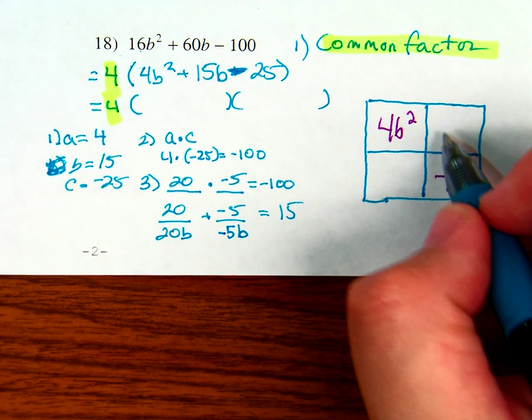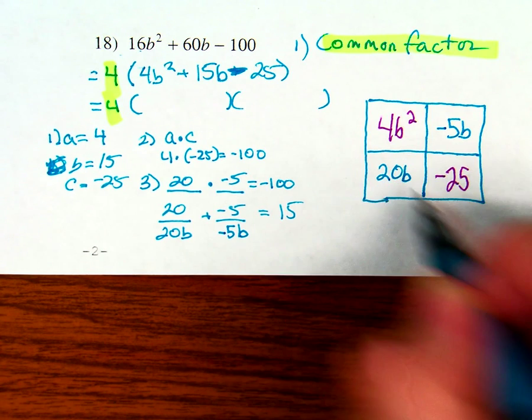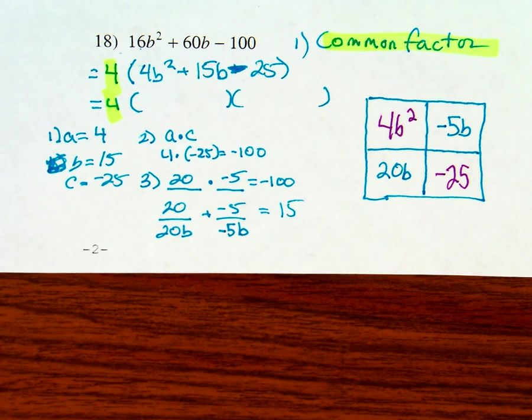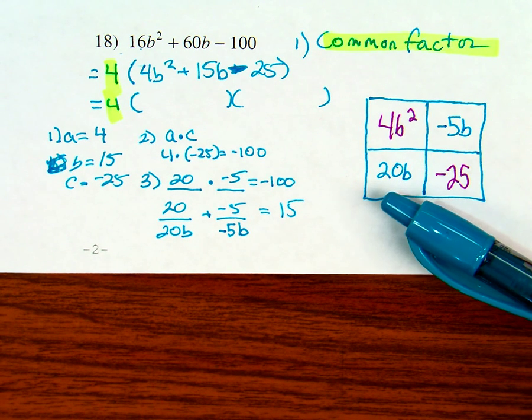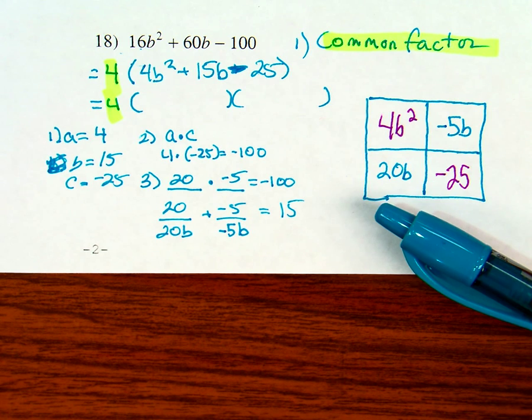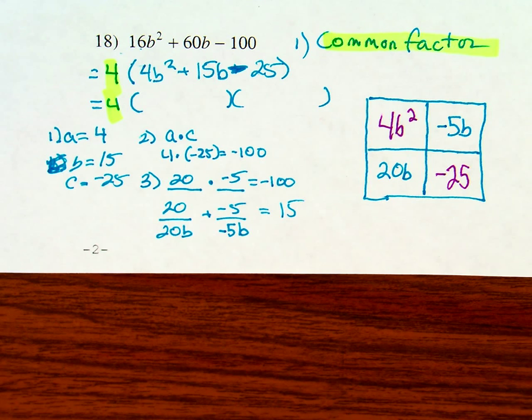So I'm going to put a negative 5b here and a 20b here. Does it matter if I put the 20b up here and the negative 5b here? No, it doesn't. Because when we're factoring our rows and columns, we're going to end up factoring the same things anyway.